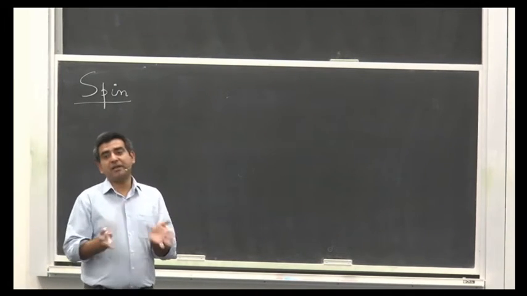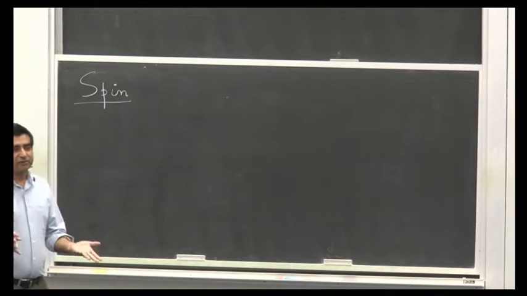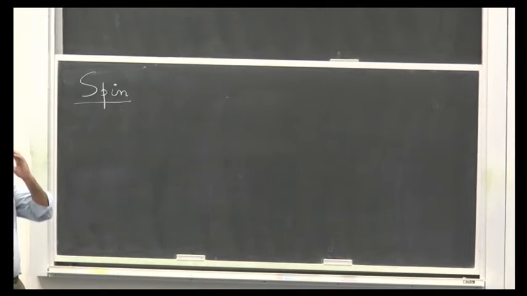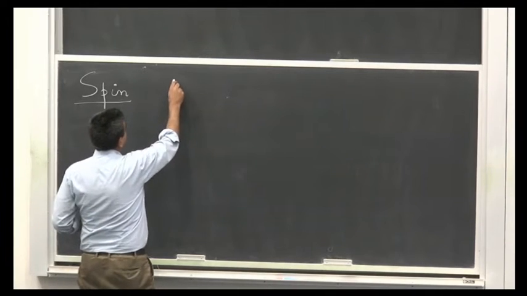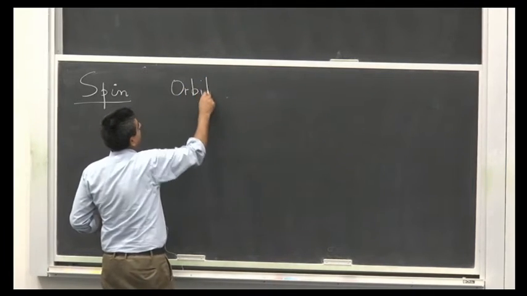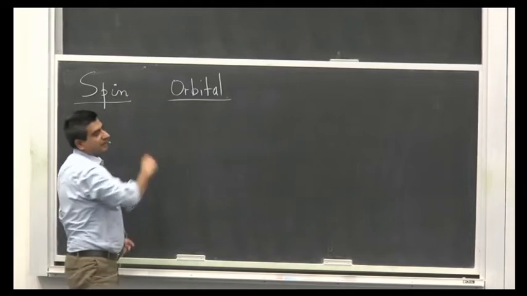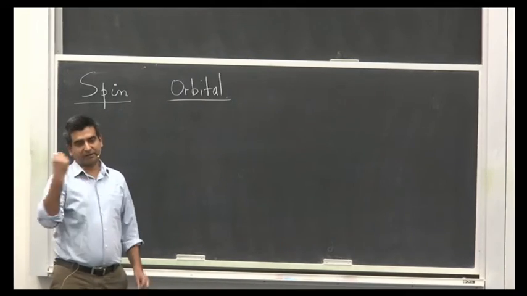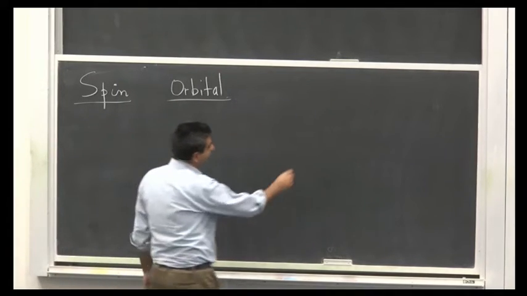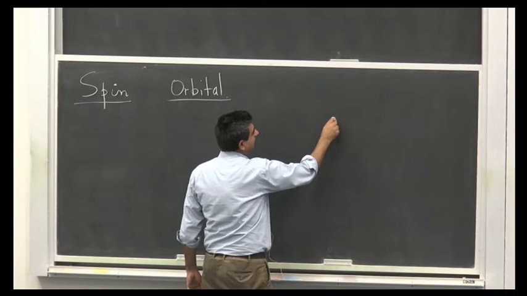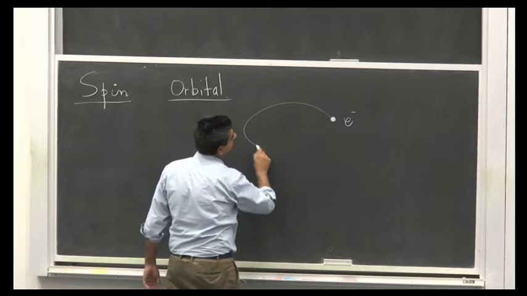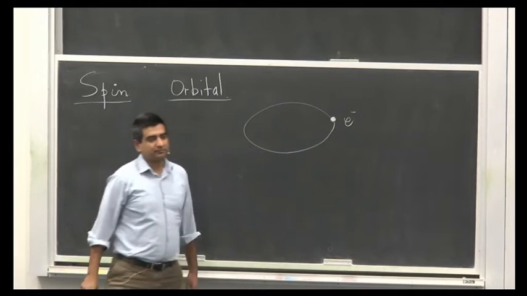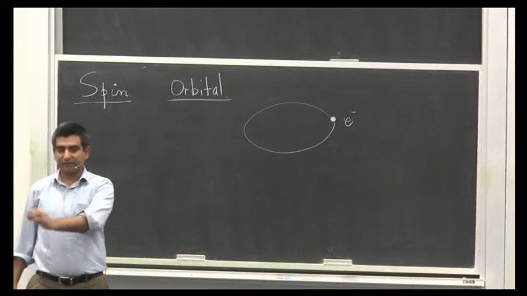Now, how do we build up the concept of spin? First of all is our classical notion of the orbital motion of an electron, which means that if you have a charged particle, such as an electron, and it goes around in a circle, just an electron going around in a circle.